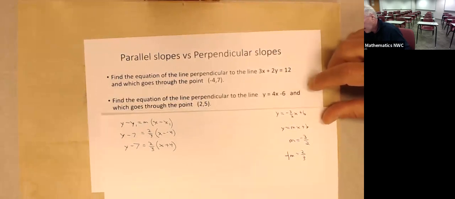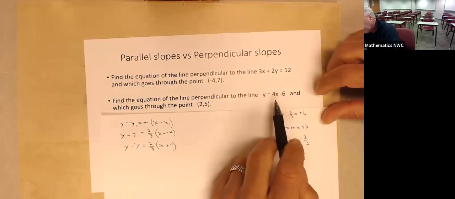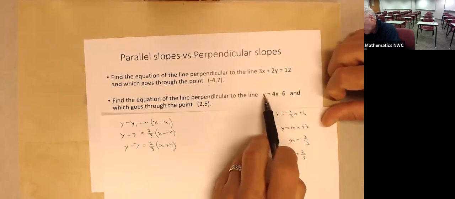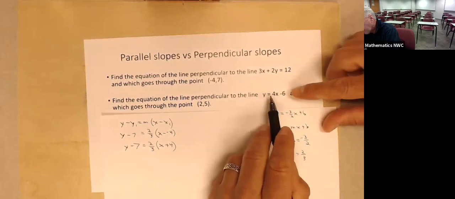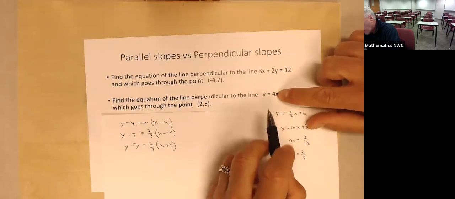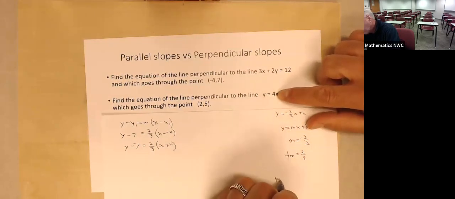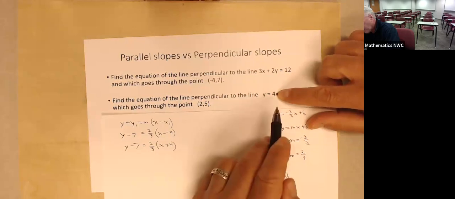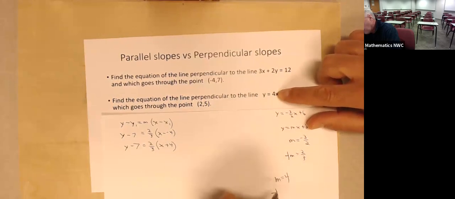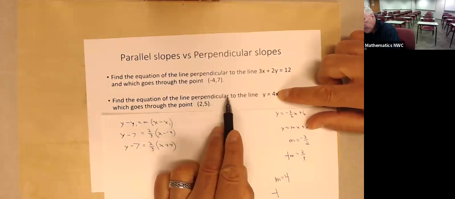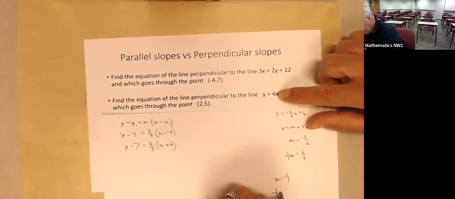This one would have been exactly the same, but a little bit easier in the sense that it's already solved for y. So my slope for that one was 4. The perpendicular slope, the one that I need because they want it to be perpendicular, would be a -1/4.